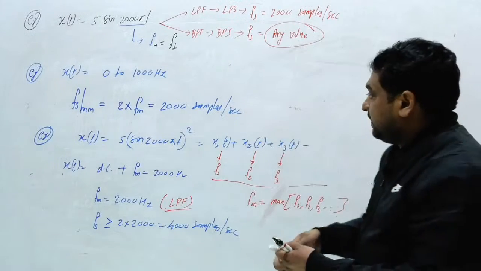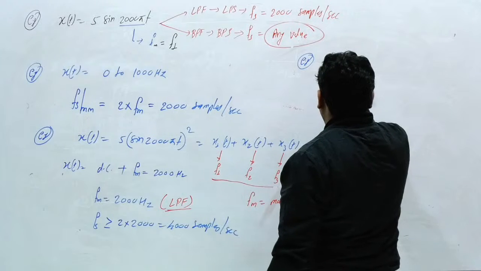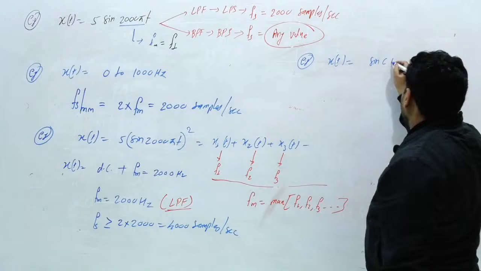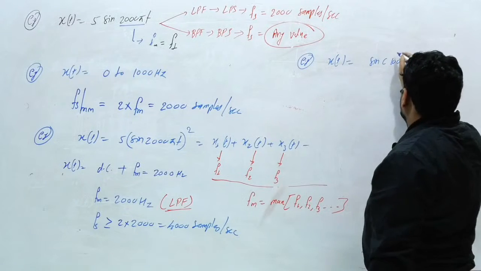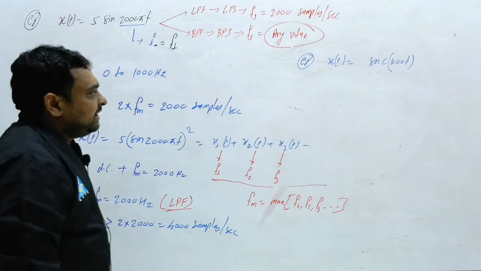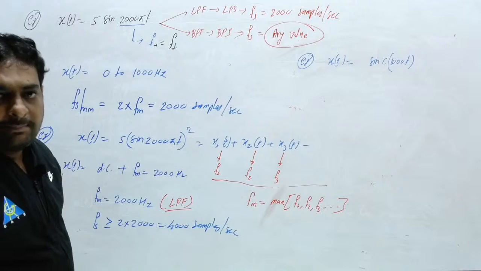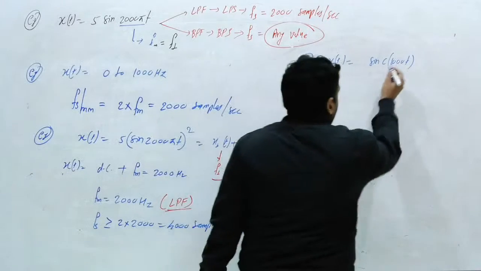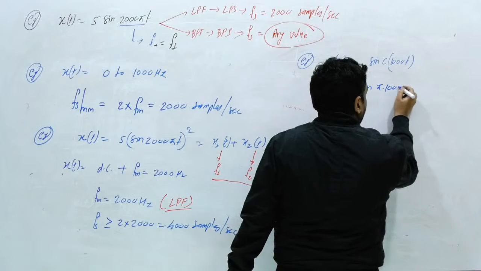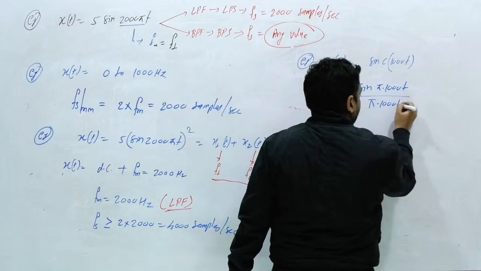Now the next example. If we assume here x(t) is equal to a sinc function, suppose sinc 1000t. What will be the Nyquist rate, or minimum sampling frequency, here? Sinc can be written as sine of pi into 1000t divided by pi into 1000t.